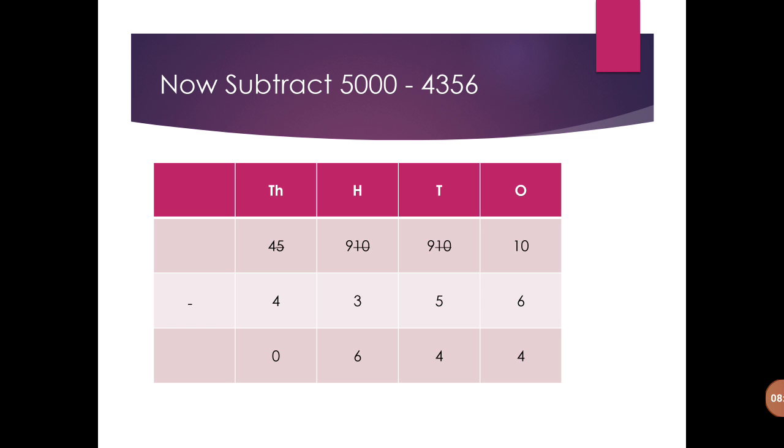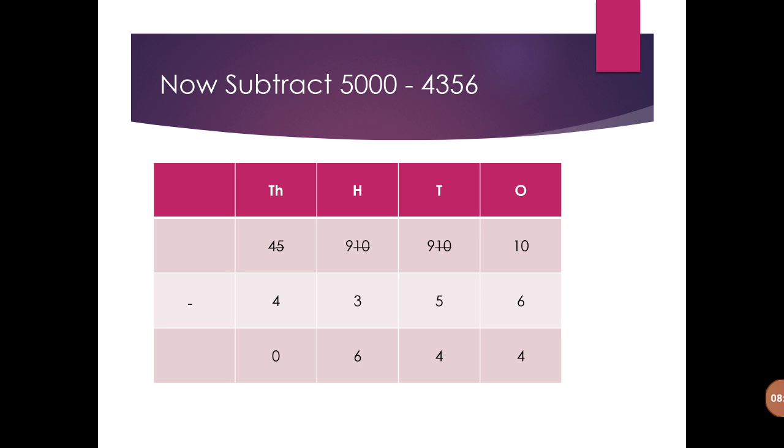We observe that 6 cannot be subtracted from 0, so we have to go to the next column, that is tens. But there is 0, so we have to go to the hundreds column. There is again 0, so we have to go to the thousands column, and there is 5. So we take 1 thousand and turn it into 10 hundreds. When we have taken 1 from the thousands column, 4 is left.